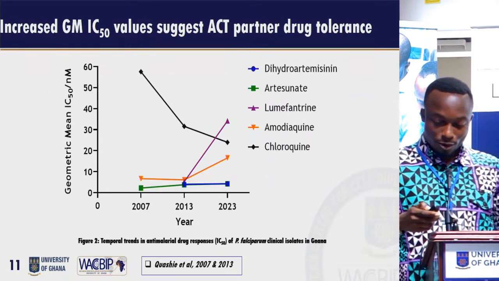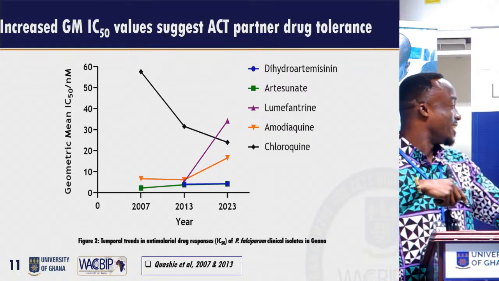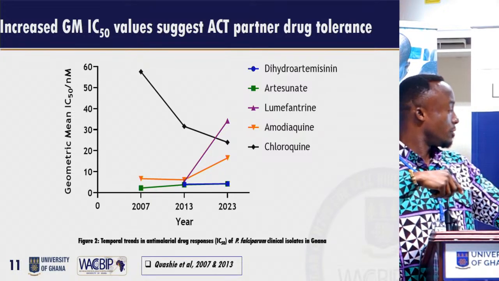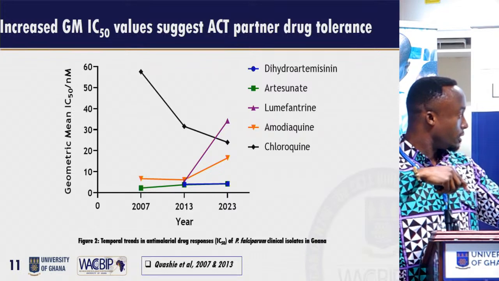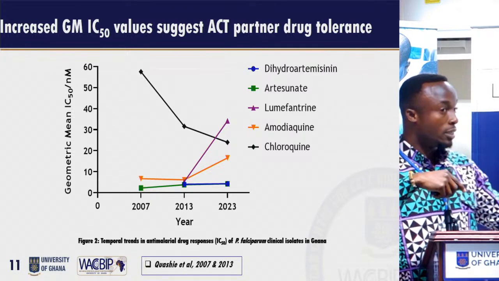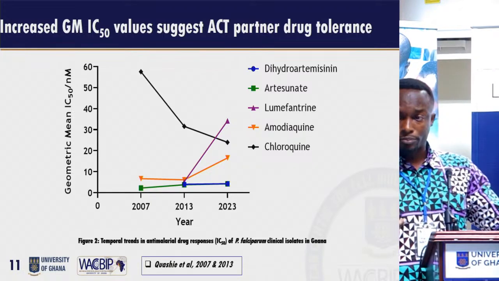Then we went on to compare this data to prior work done by Prof. Kwashi here at Noguchi, and we saw that there's a minimal increase in the geometric mean IC50 for DHA and artesunate, which are the ACT derivatives, again showing that they are effective. And for the partner drugs, there was an increase in the geometric mean for lumefantrine, and for chloroquine there was a decrease, which again shows that there are gains in efficacy to chloroquine.